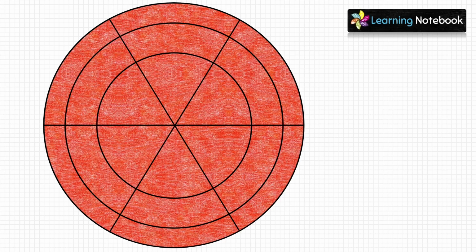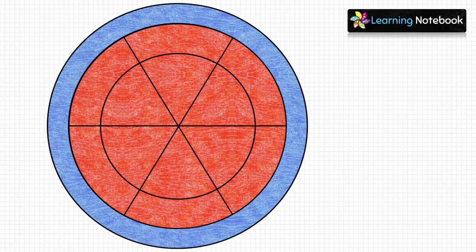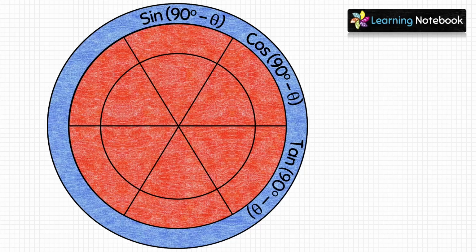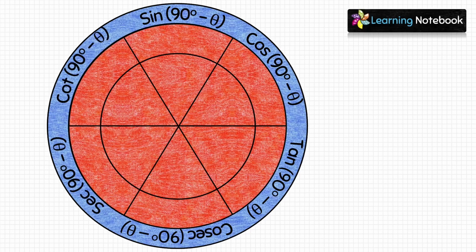And next we will color the border of this circle with blue color. In the next step, we will write the 6 trigonometric ratios of complementary angles on the border of each of these 6 parts.